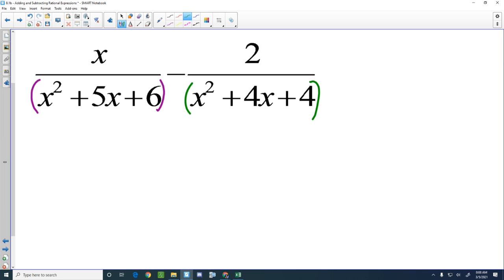So then if that's one single denominator, and I want them to be the same, you might be like, oh, so I've got to multiply this entire fraction over here by an x squared plus 5x plus 6. Good news is no, you don't, because that would be some crazy multiplying, right?